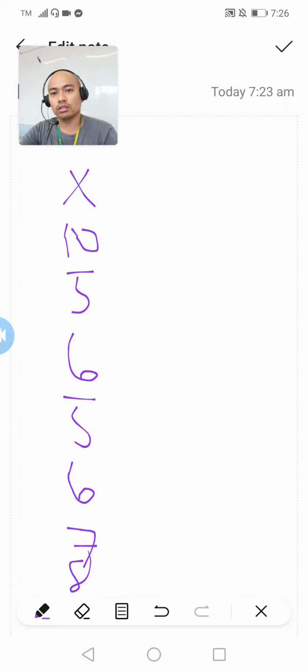Considering this another set of data in a variable x, we have the elements 10, 5, 6, 5, 6, 7, and 8. If we want to find the mode in this case, this will be an example of a bimodal.